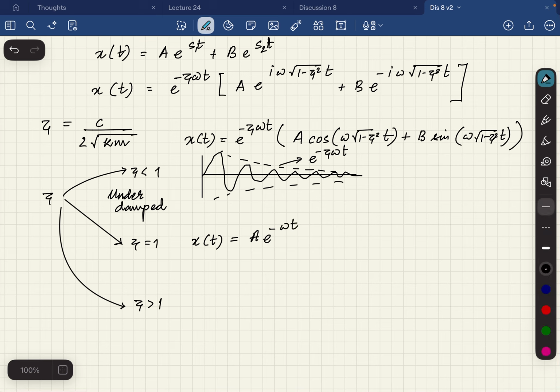What does this output look like? This output does not oscillate at all, and it would simply look like this. It's the exponential decay curve. This is called a critically damped system.